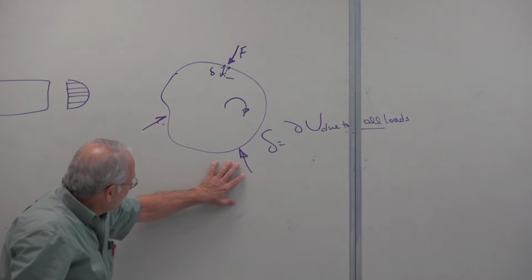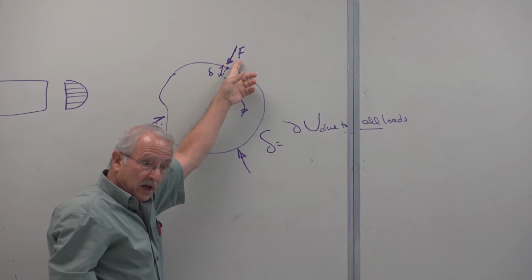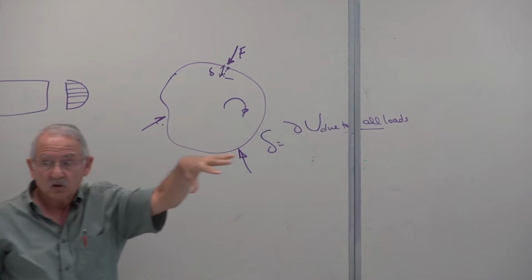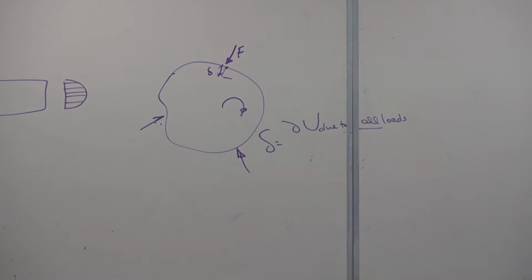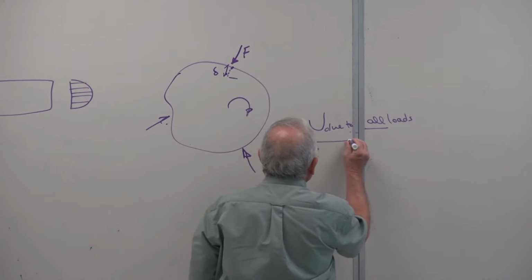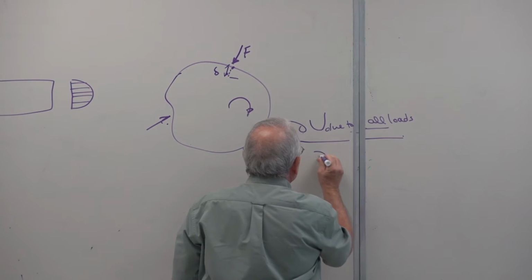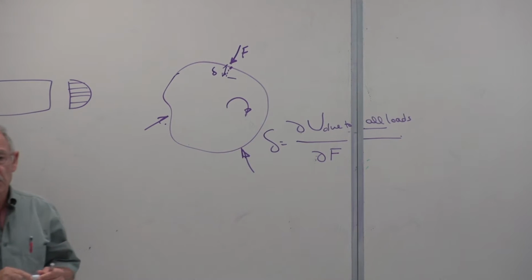Strain energy due to this load, due to that load, due to that moment, due to that force itself as well, included. We find the strain energy, then we take the partial derivative of that with respect to the force that acts at the point of interest.